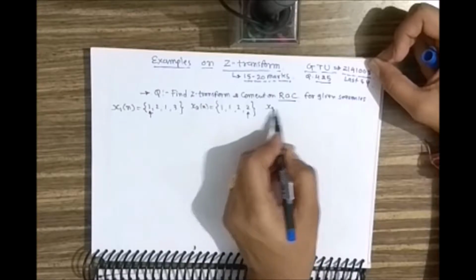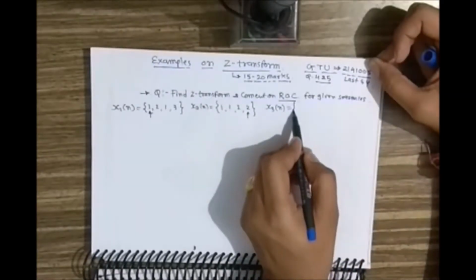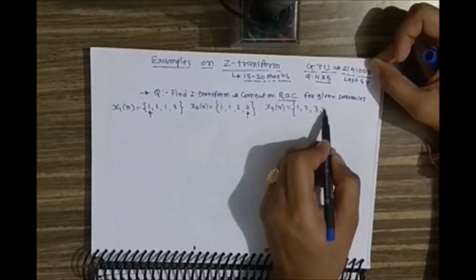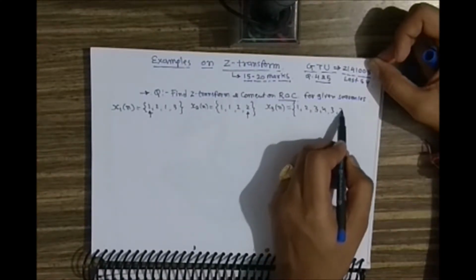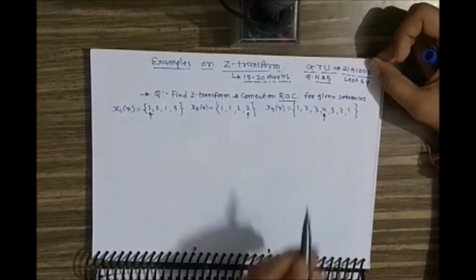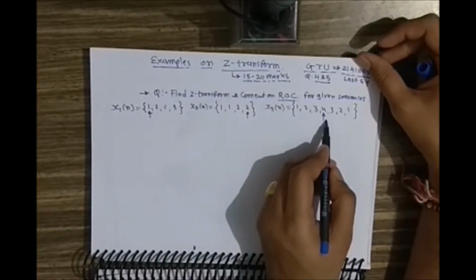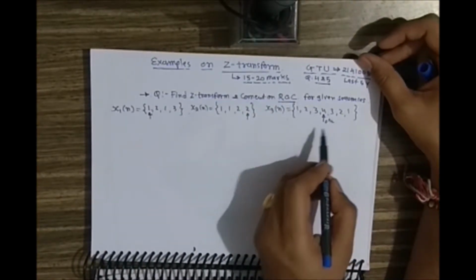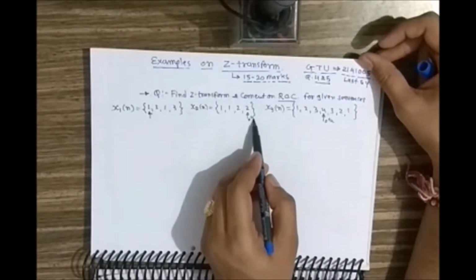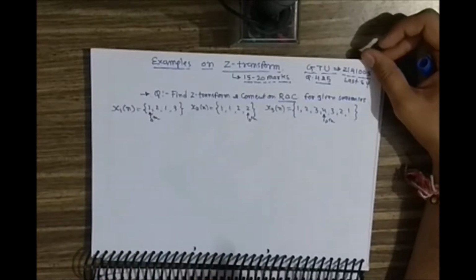And say the third sequence x3 of n is 1, 2, 3, 4, 3, 2, 1, and the arrow is in the middle part. So the 0th point is over here at the middle of x3 of n. This is the 0th sample of x2 of n, and this one is the 0th sample of x1 of n.